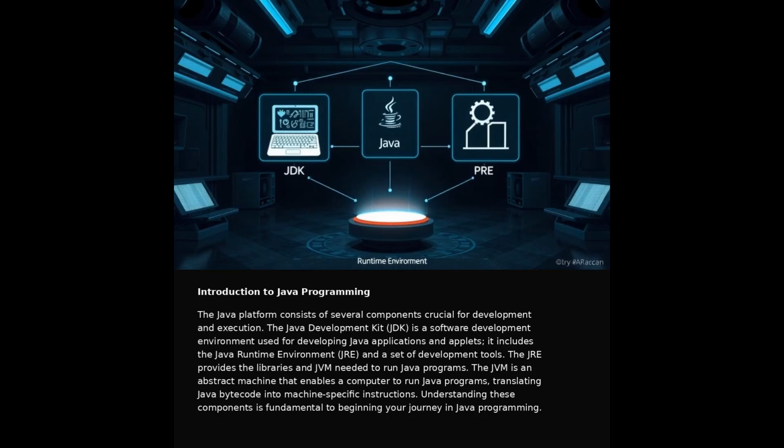The JRE provides the libraries and JVM needed to run Java programs. The JVM is an abstract machine that enables a computer to run Java programs, translating Java bytecode into machine-specific instructions. Understanding these components is fundamental to beginning your journey in Java programming.